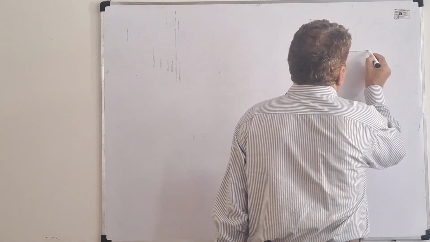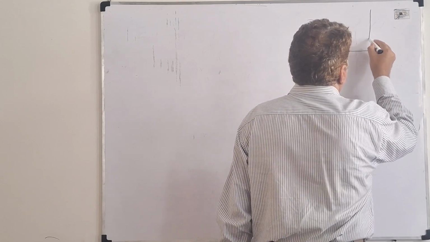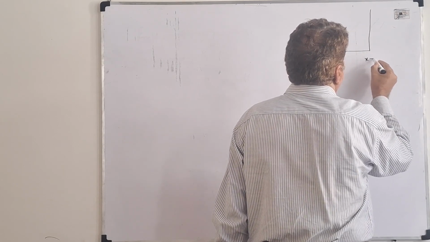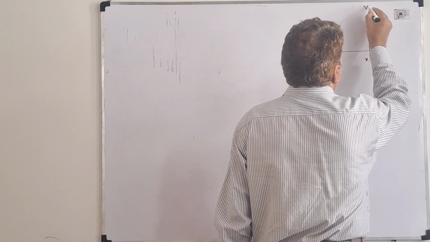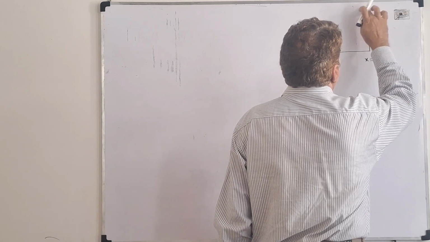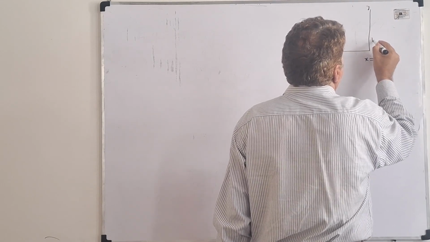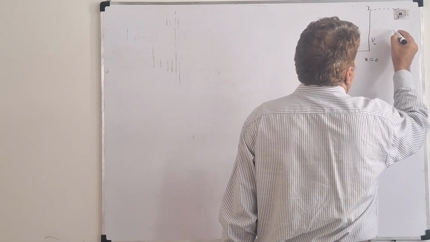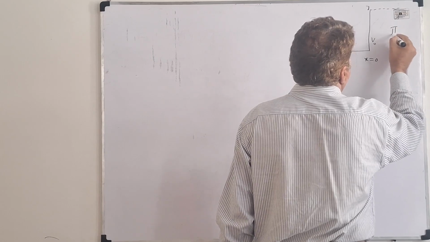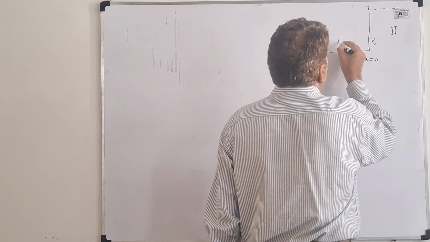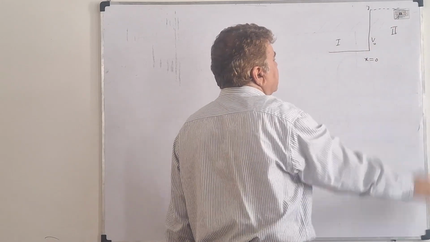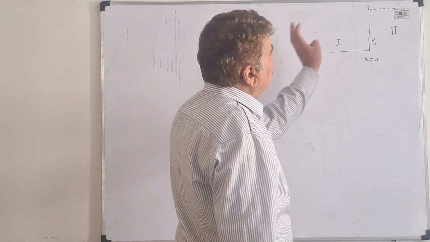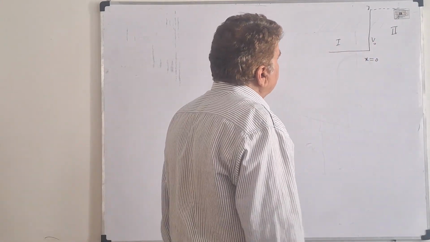I consider a potential step at x equals 0 of height V naught. That is, we divide the whole space into two regions, region 1 and region 2. To the left it is region 1, and to the right it is region 2.